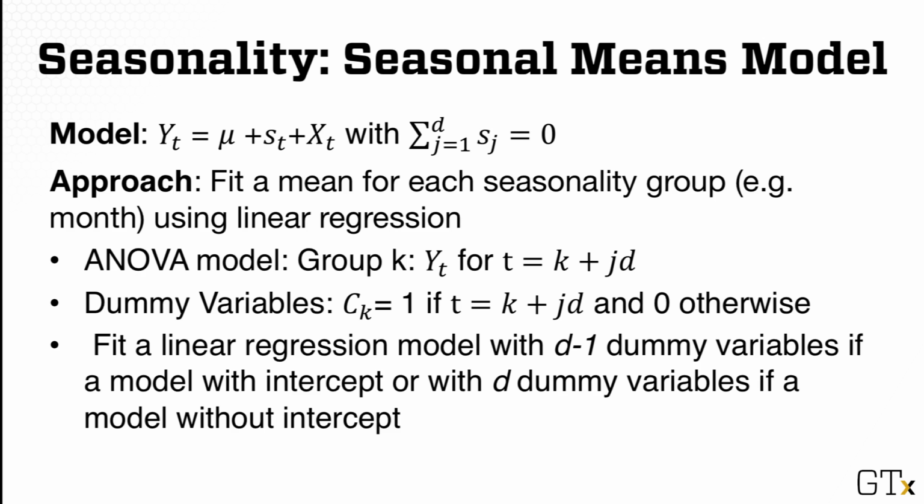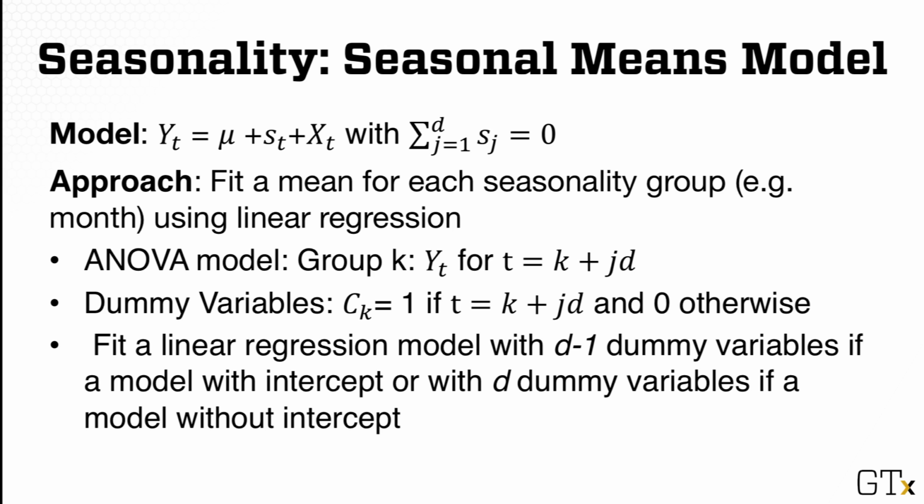A linear regression model approach to estimate the seasonal effects s_t is to consider an ANOVA type of model where we group the data by seasonality group. If the periodicity is d, then we have d seasonal groups or effects. Thus, we treat seasonality as a categorical variable. To fit such a model, we need to set up indicator variables or dummy variables that indicate the group each of the data points belongs to.